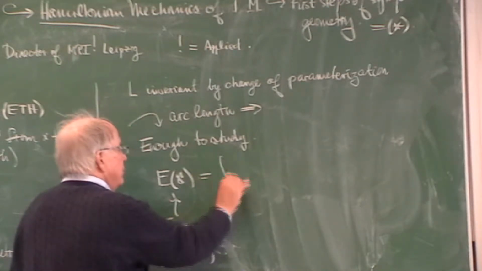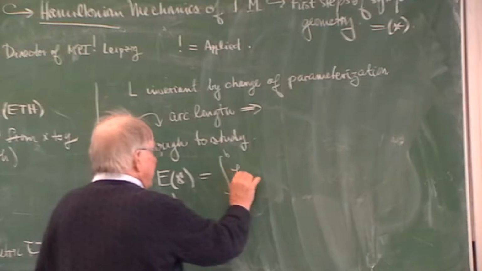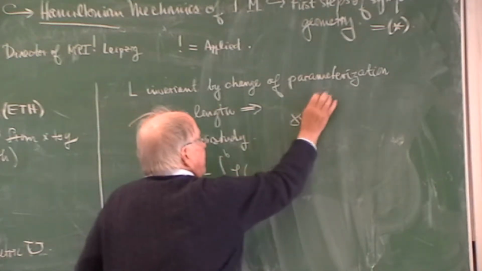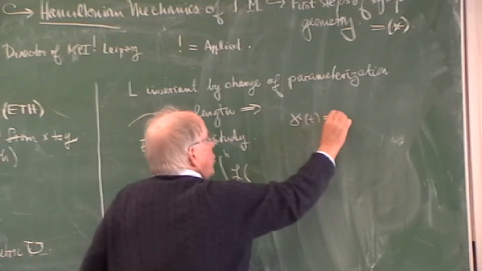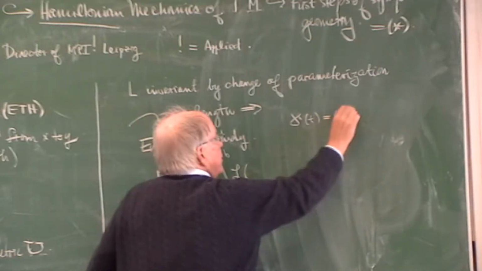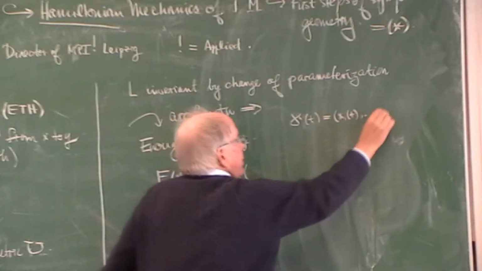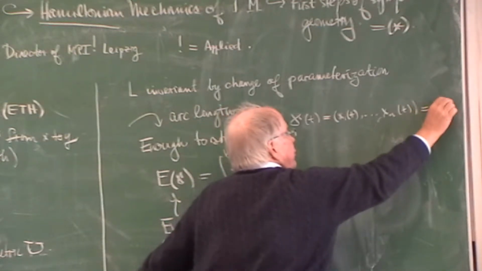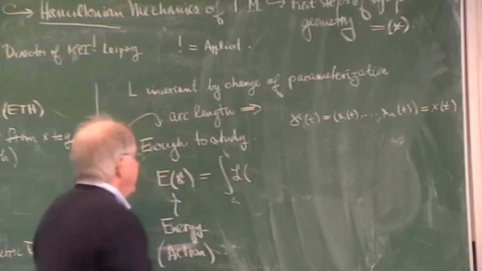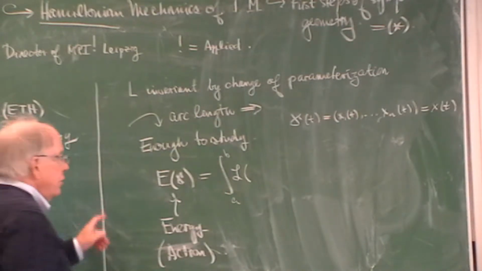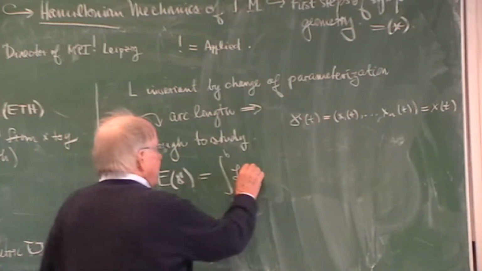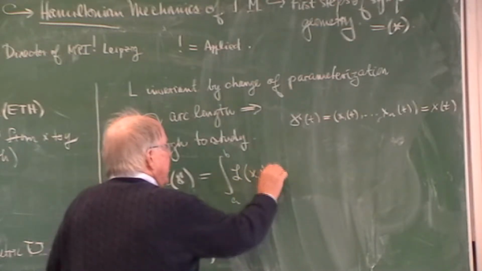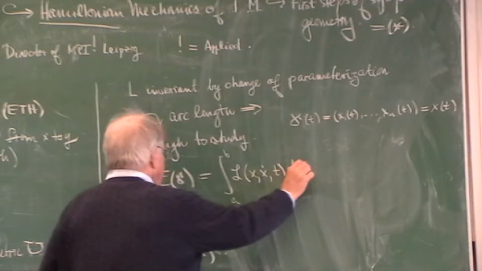And this is the integral of the Lagrangian, which is a function. So let's say gamma of t is given in coordinates by x1 of t to xn of t. I did this this morning. And we'll call this a vector x of t. So I'm looking locally in a coordinate chart now. And what we write here is x dot, and t, dt.